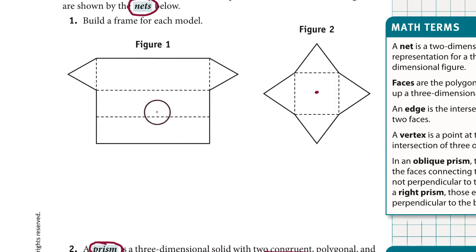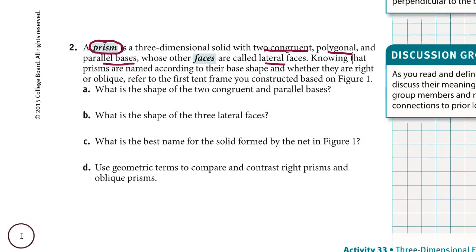Looking back at this figure, there are two triangle faces and three rectangles. Which of those, when folded into a three-dimensional shape, would be the congruent parallel polygons? That would be the two triangles. Next question, what is the shape of the three lateral faces? Those are the rectangles.